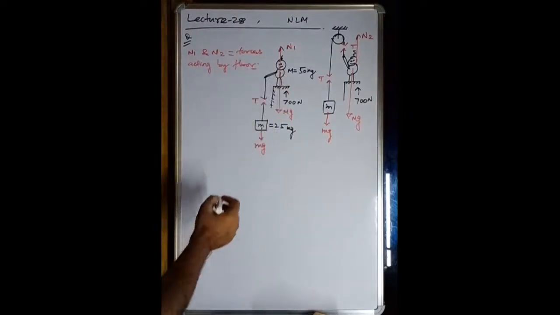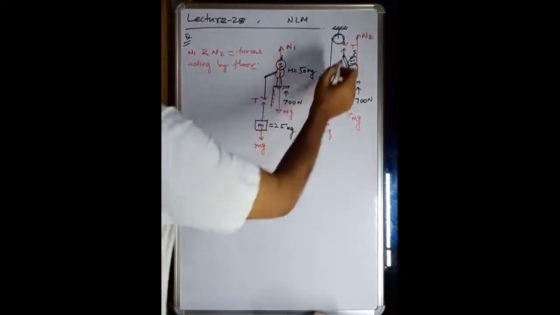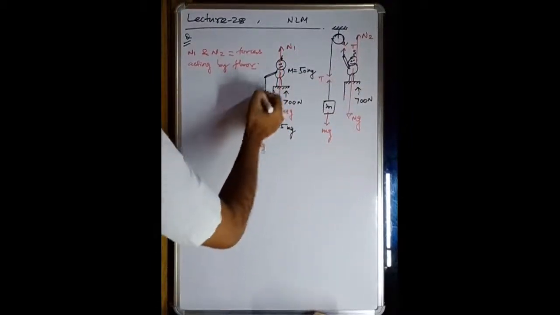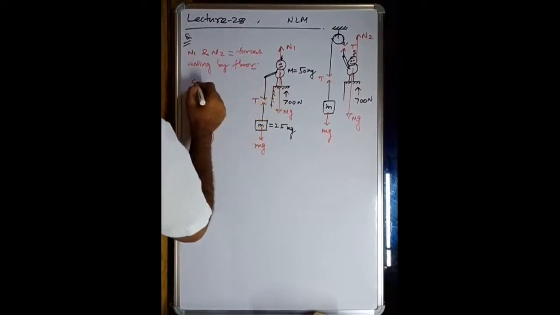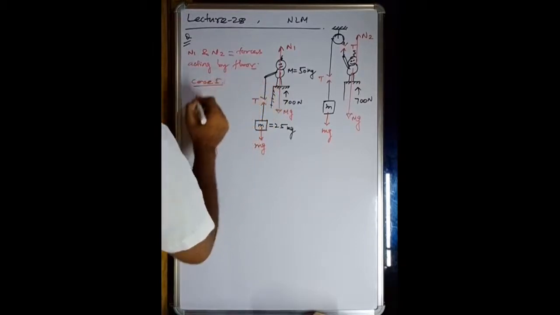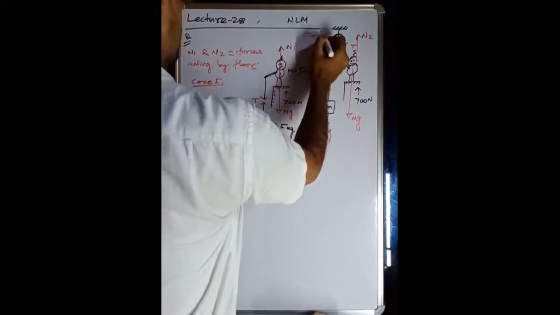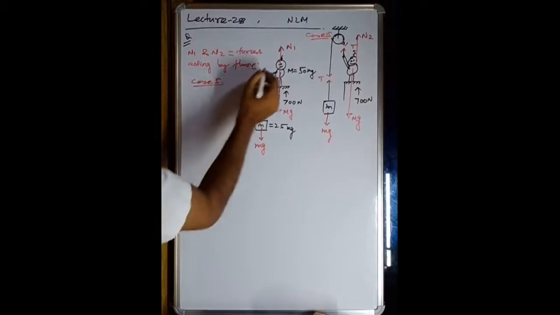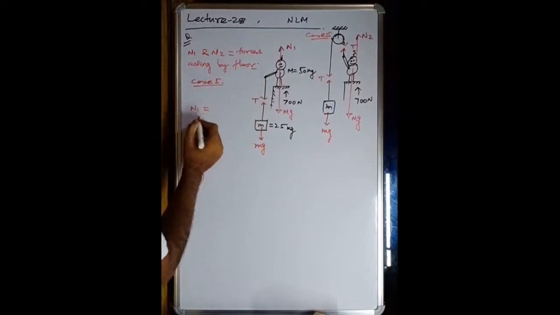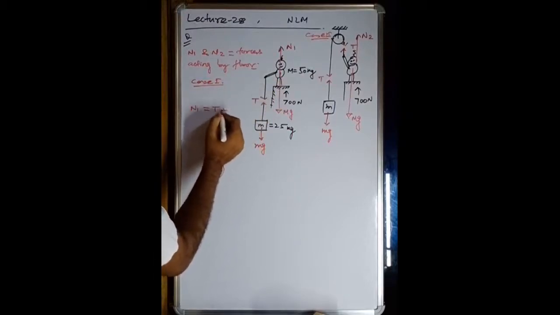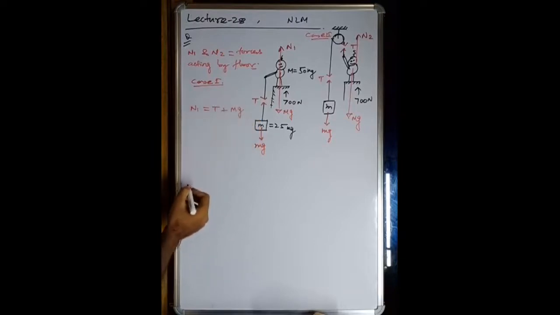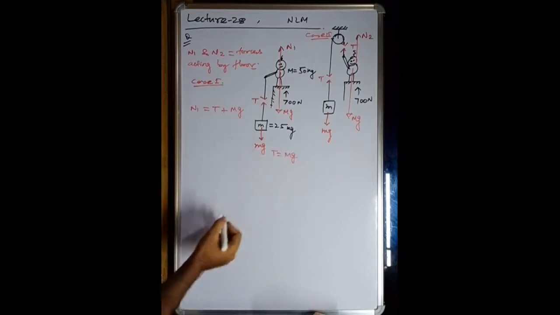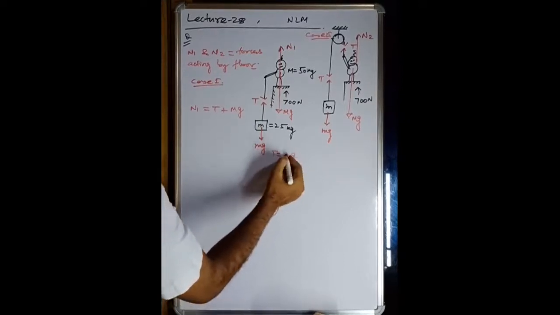Here you can say the total force acting for this system, and for this system we have the free body diagram for this case 1, and this will be case 2. So for case 1 we can write here N1, in the upward direction, equals T plus Mg. Alright, and here T can be written as mg, the small m, mg.